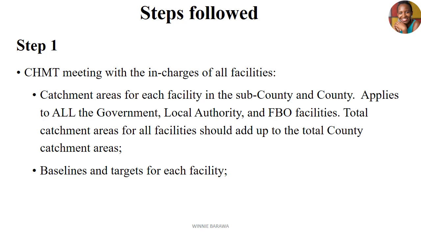Once they come together with the facilities after picking the data that has been aggregated from the community level, they generate the baseline and the targets for each facility, looking at the gaps they identified and how they can reduce or eliminate the limitations in these particular facilities or catchments.